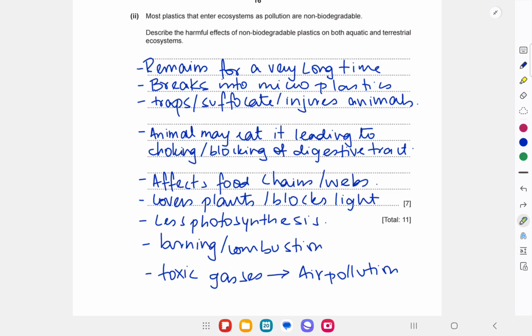So this affects whole food chains and whole food webs. If these plastics are burned, they'll produce toxic gases which can lead to air pollution, right? So this is it. If you write any 7 points from all of these points, you will get full marks for this question.